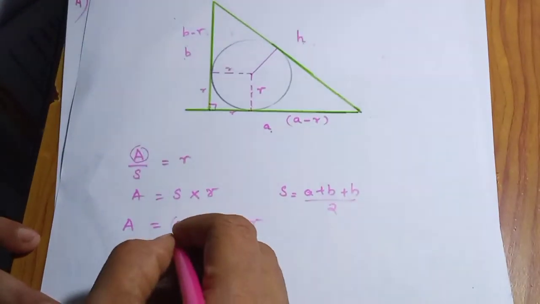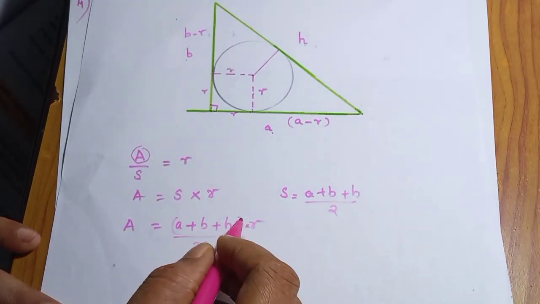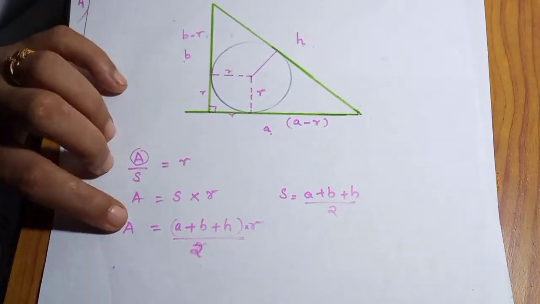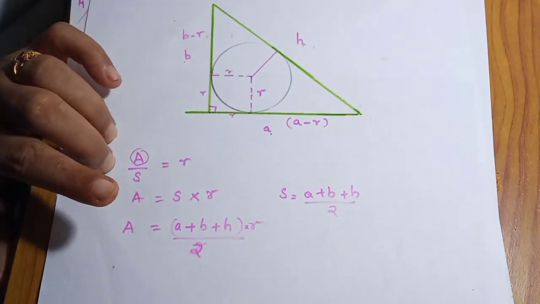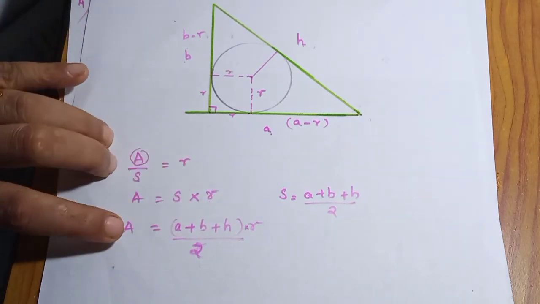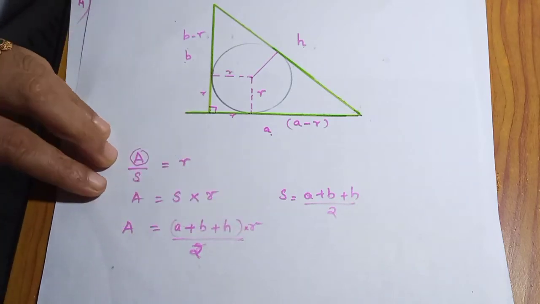So we have area equal to A plus B plus H into R by 2. This is the area of the triangle in terms of A, B and H.